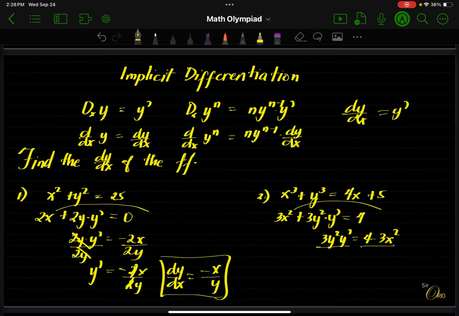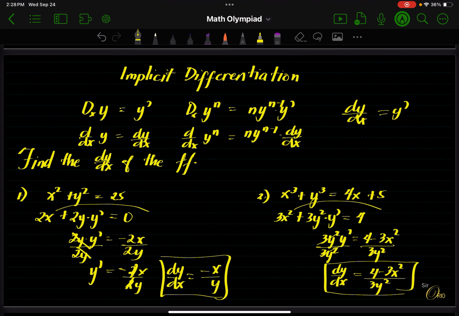Then divide both sides by 3y squared. Cancel. So y prime is the same as dy over dx. So the dy over dx of the equation is 4 minus 3x squared over 3y squared. And this is the dy over dx of the equation.